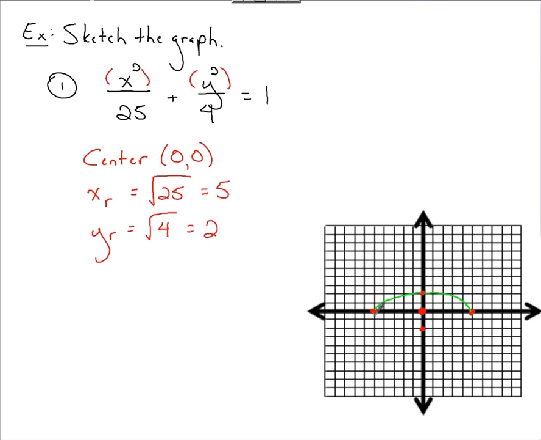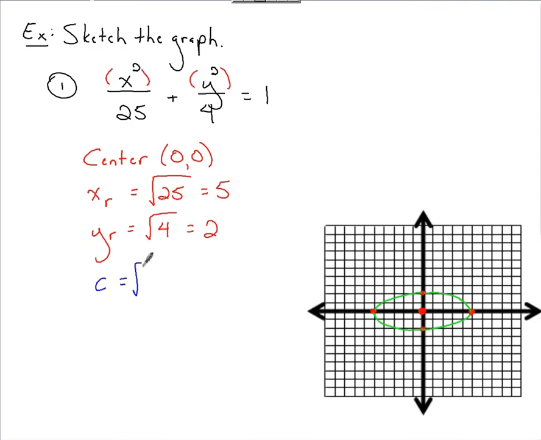But because focal points are important to being able to determine this curve, I do want to acknowledge the focal points as well. Now, the focal points will lie on the major axis. The major axis is going to be located right here, right? It's going to be the horizontal one. So to figure out the focal points, we'll let C represent that distance that I have to travel from the center to get those focal points.